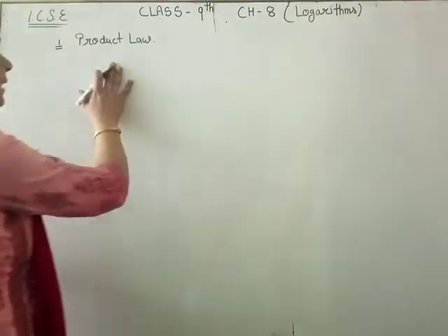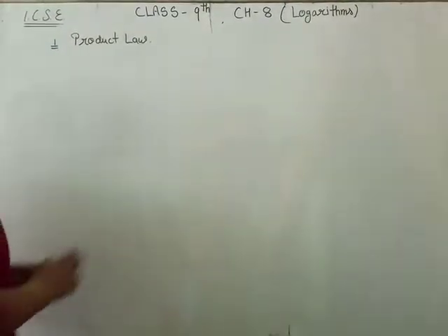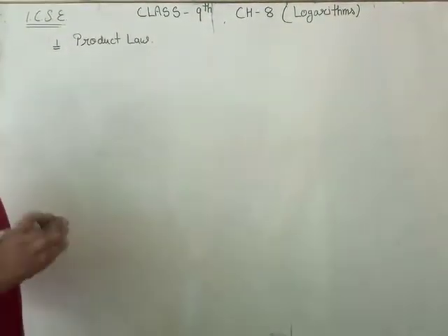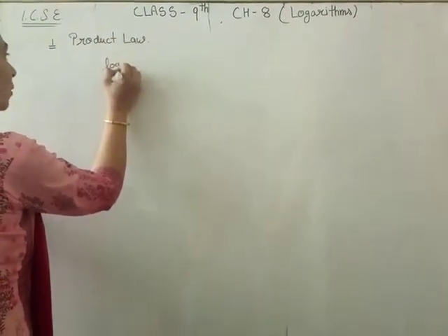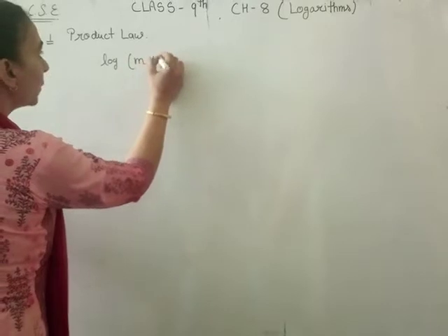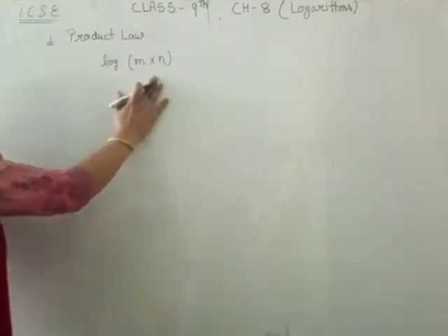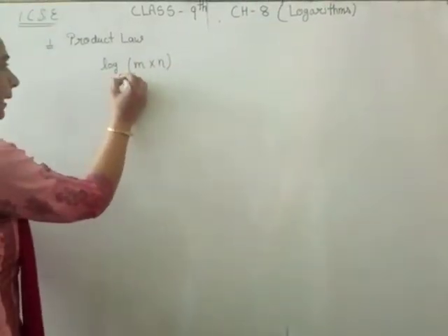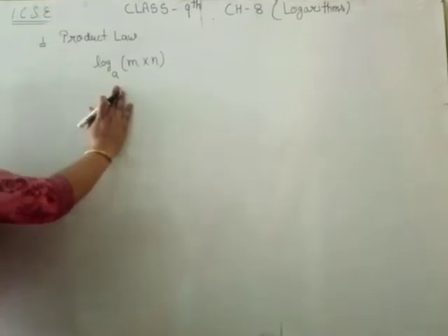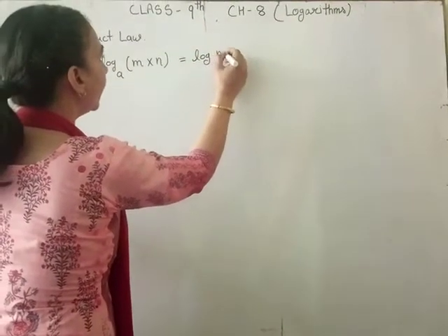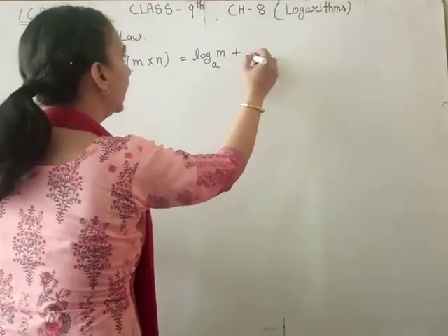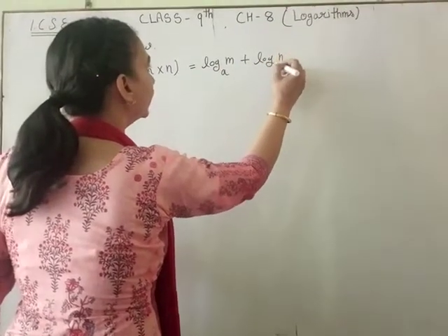First is product law. Student, if a is a non-zero number base, if we take log of m cross n, that is m multiply n at the base a, then this equal to log of m at the base a plus log of n at the base a.